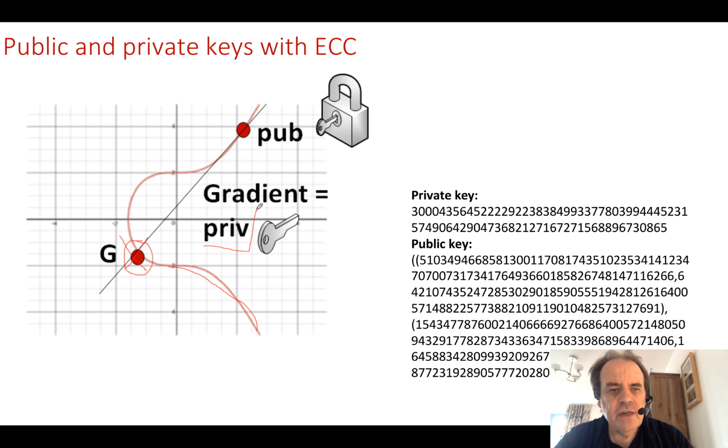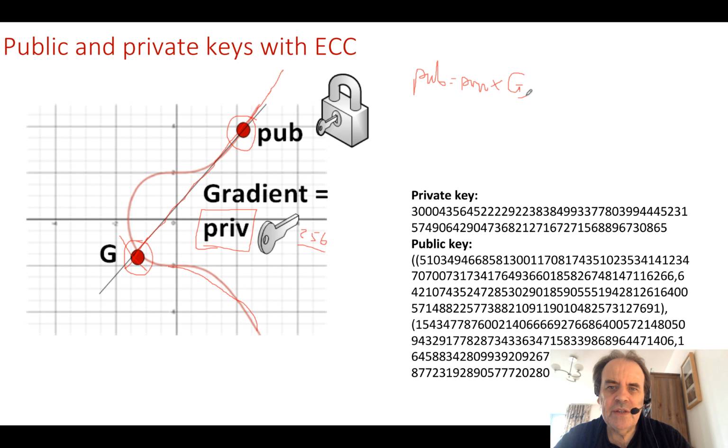We then generate a private key, so that's typically a 256-bit key that we use as a random number. And then what we do is we take the gradient, which is defined by this private key, and then project up with a line until we find our public key. So our public key is equal to our private key multiplied by g.